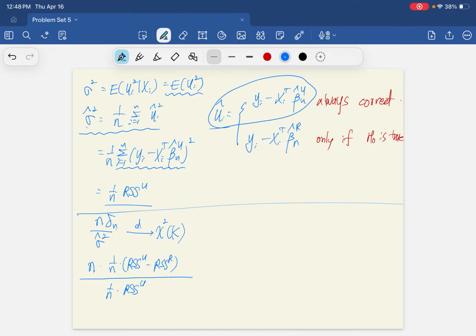If you cancel them out, it becomes n times RSSU minus RSSR divided by RSSU. This is the chi-square distribution. As I said, this will be close to 0 if H0 is right, and it will be different if H0 is wrong. So that is our idea.